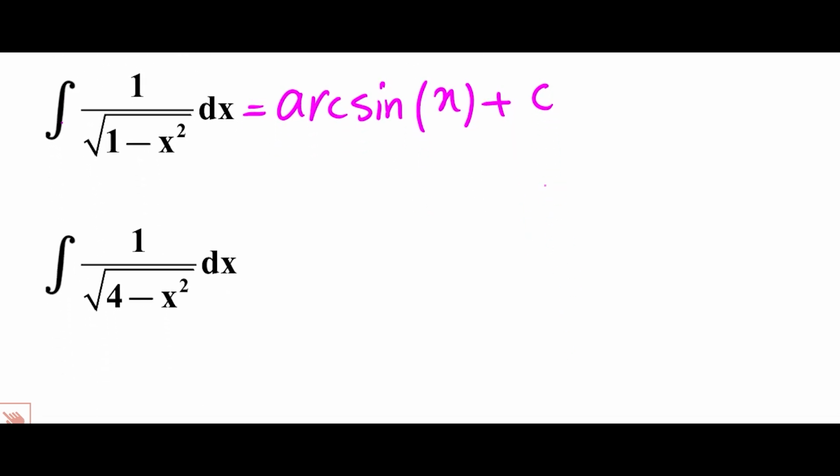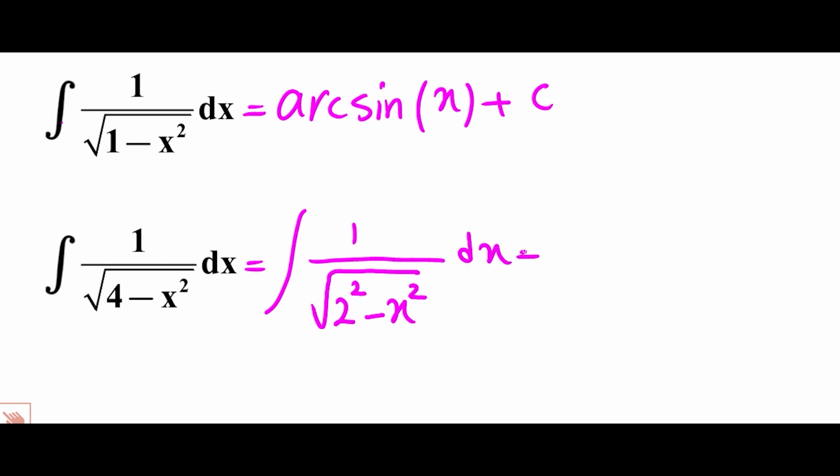Or the integral of 1 over the square root of 4 minus x squared dx equals, we can write the integral of 1 over the square root of 2 squared minus x squared dx. So a equals 2, right? So we have arcsin of x over 2 plus c.